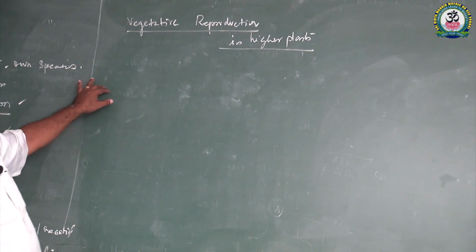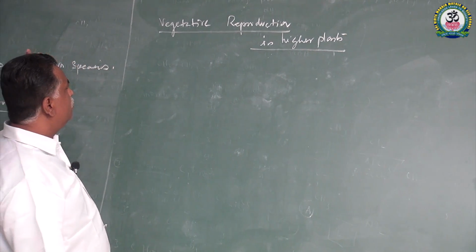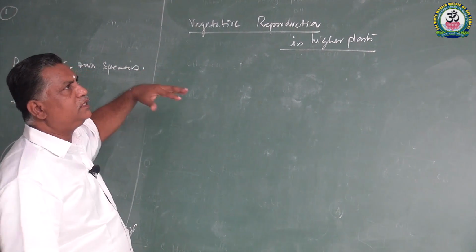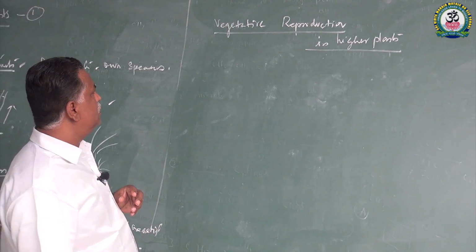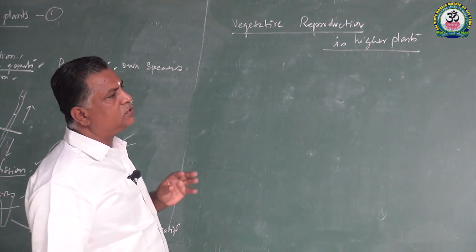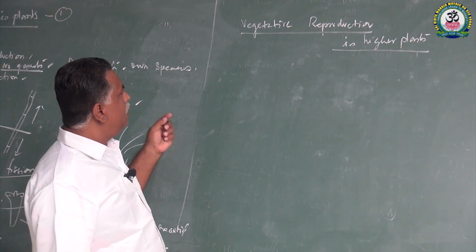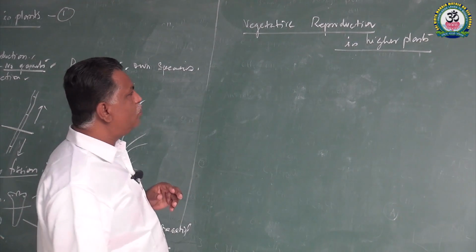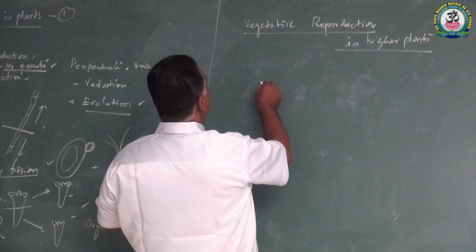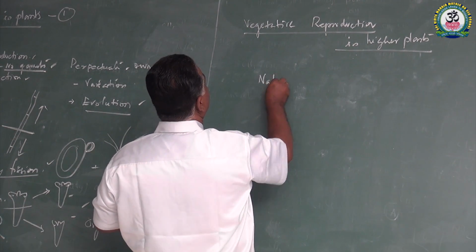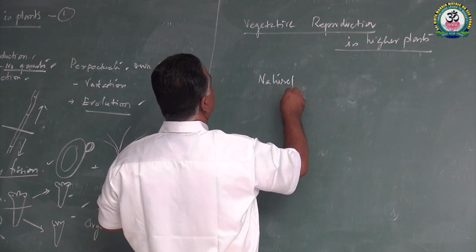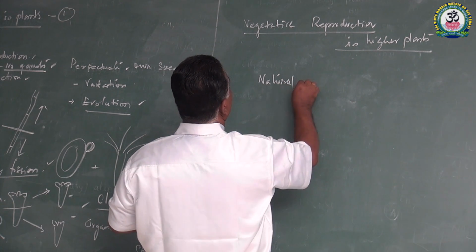See, vegetative reproduction in a lower plant is carried out by 6 methods, 6 types of structures or methods. And vegetative reproduction in higher plants is carried out by 2 methods. One is the natural method.